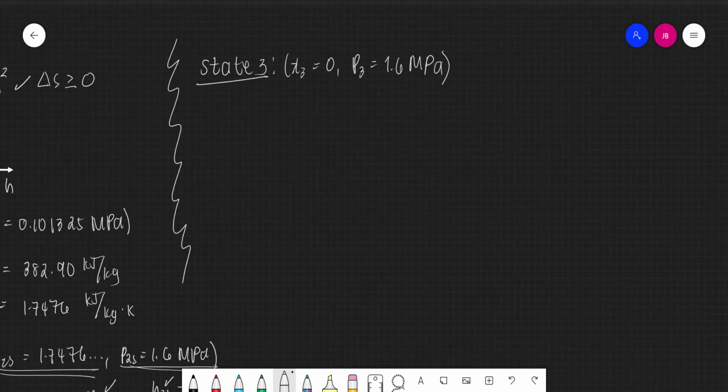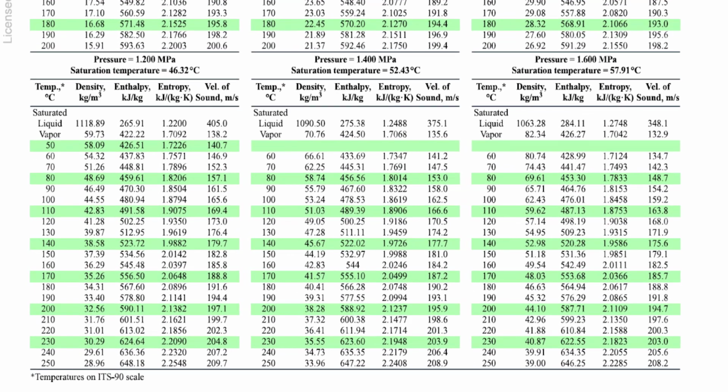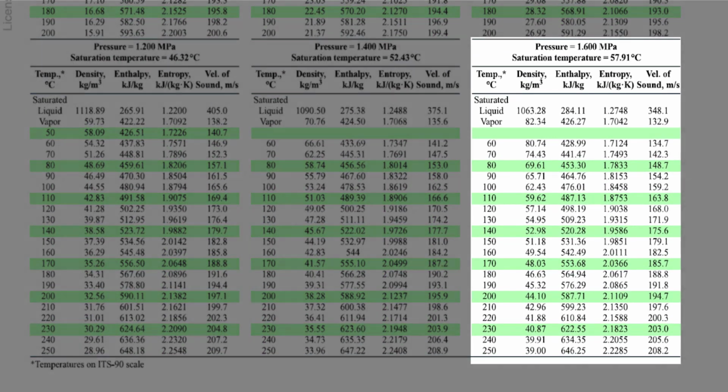Going back to our refrigerant table, we can see that at P is equal to 1.6 megapascal, the saturated liquid enthalpy is equal to 284.11 and the saturated liquid entropy is 1.2748. So kailangan din natin kunin si entropy dahil ang susunod na process ay involved sa expansion. More specifically, non-isentropic expansion. So let us just copy these two values.